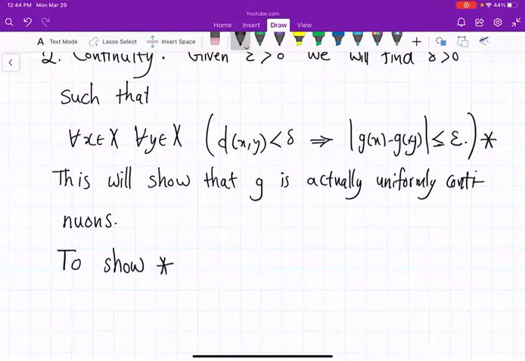To show star, choose delta positive from equicontinuity.